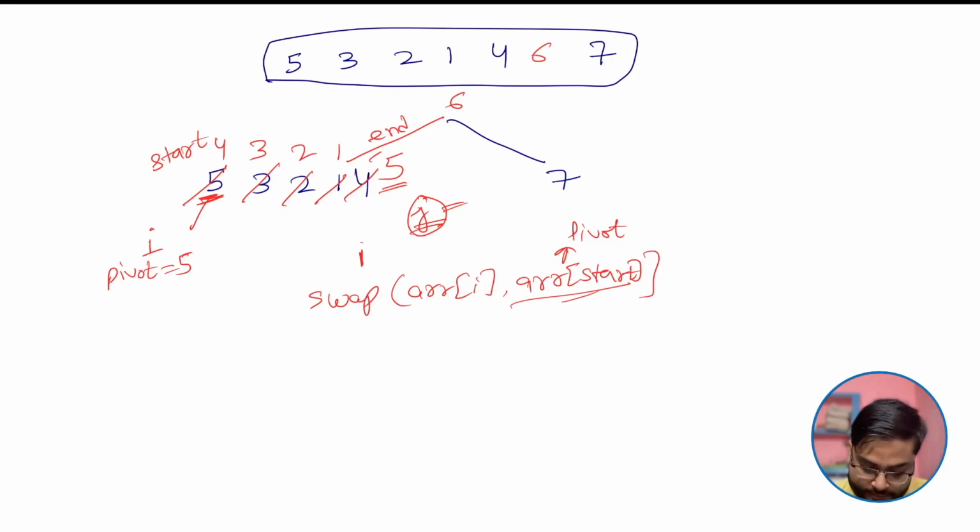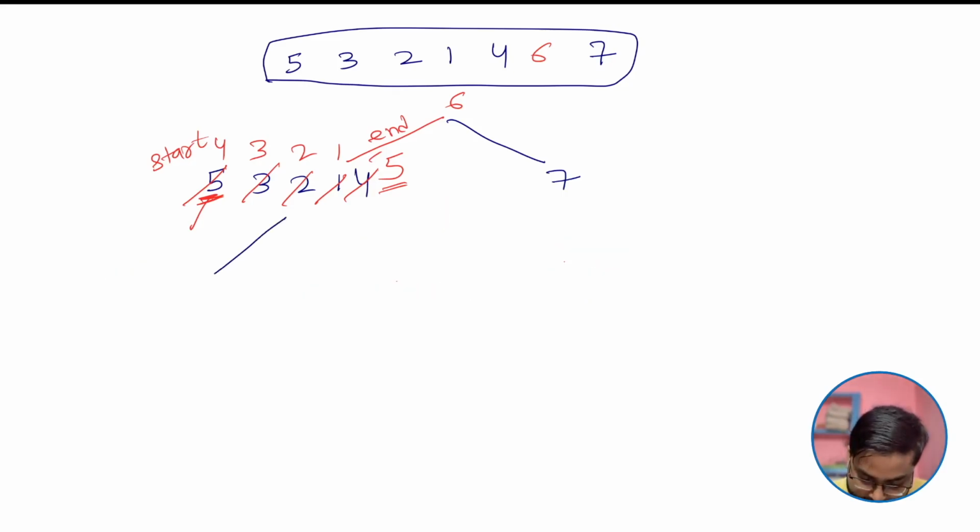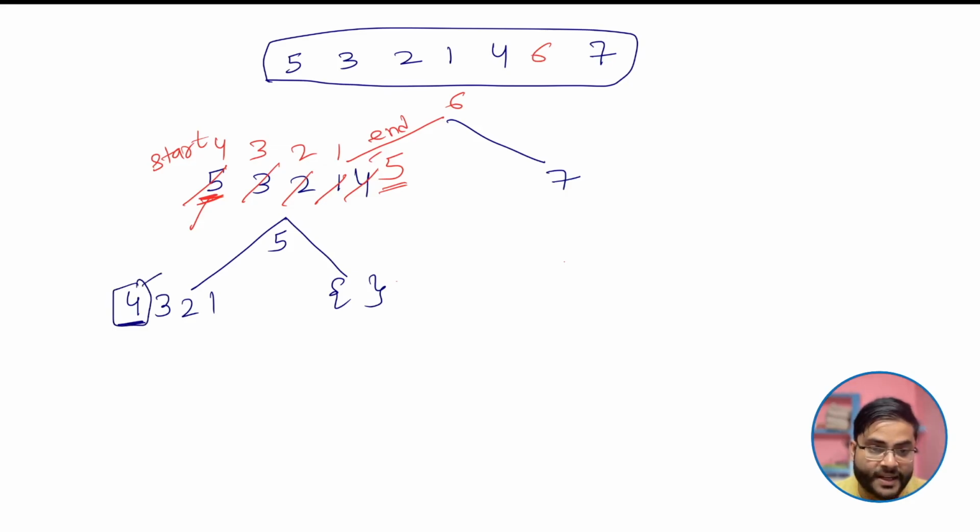Now move forward. After this, 5 has reached the correct position. After 5 we have nothing, and before 5 we have 4, 3, 2, 1, right? So I will again take my 4 as my pivot element.